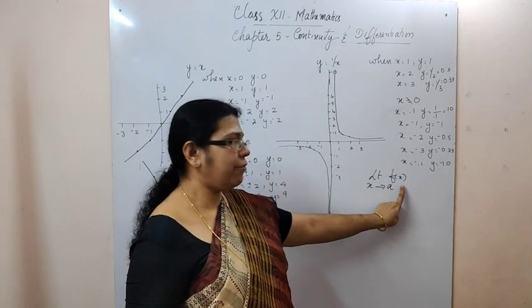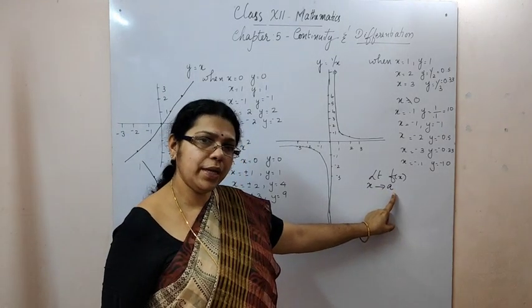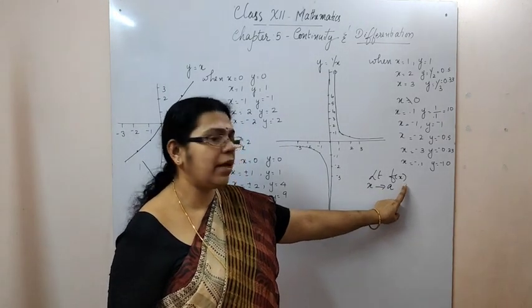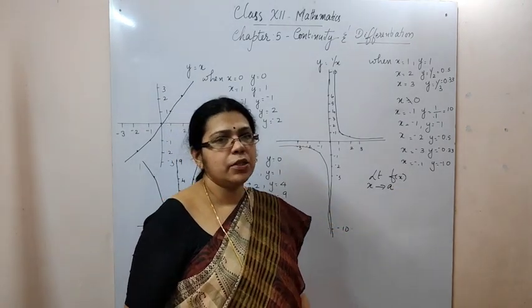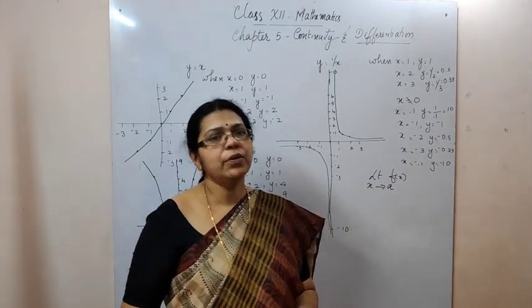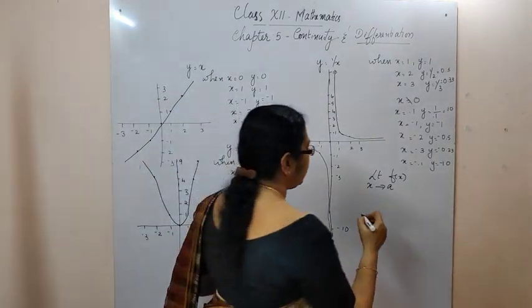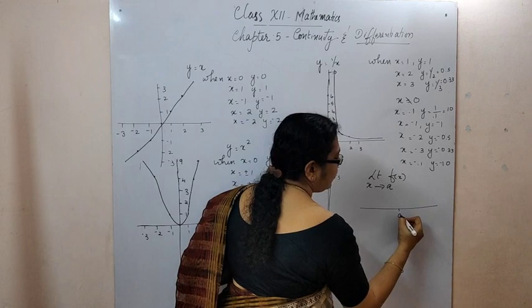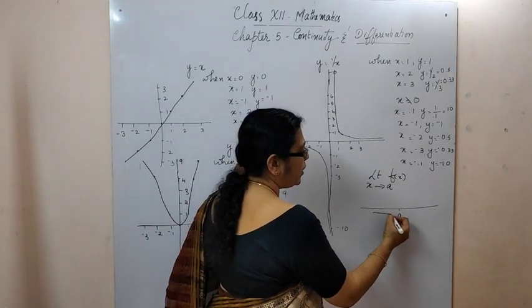In the function f of x, as the value of x tends to a, what is the value of the function? Right? This is what we had discussed. So, tending to a means what? This a is a point on the number line and the functional value tends to a.